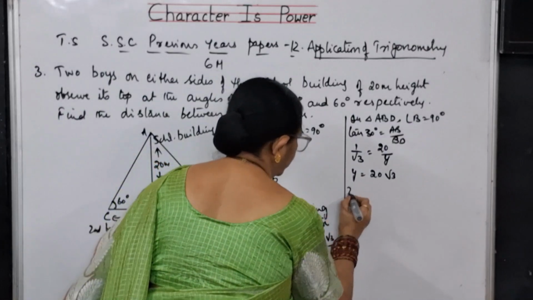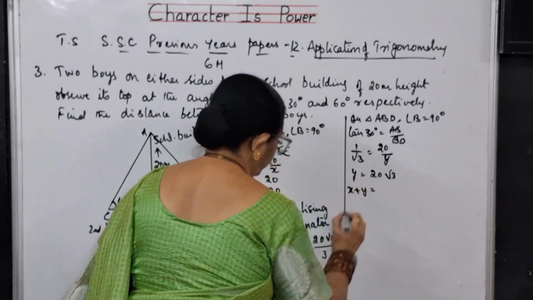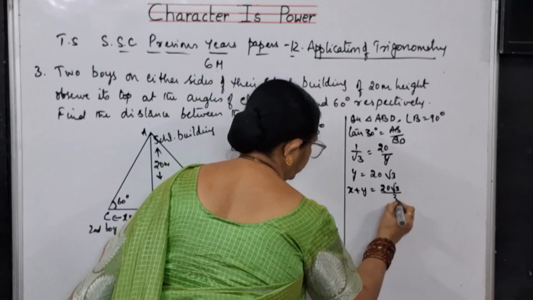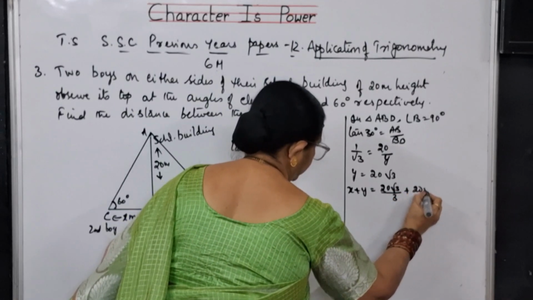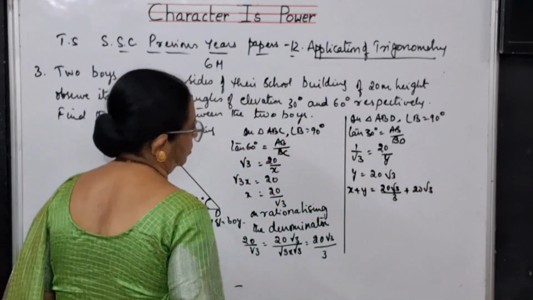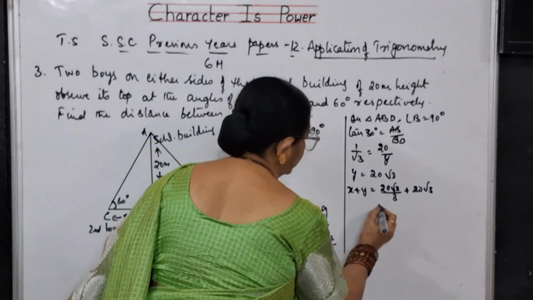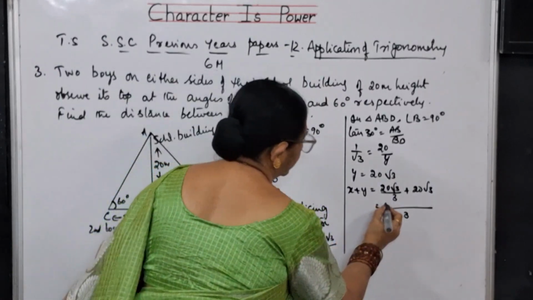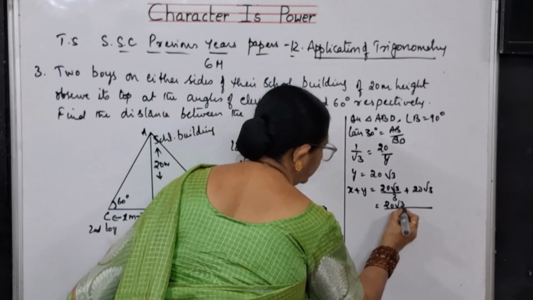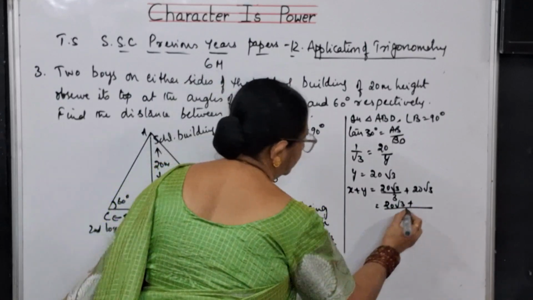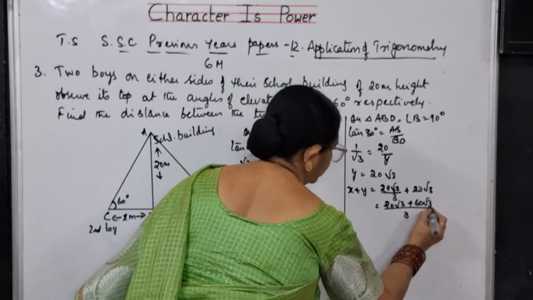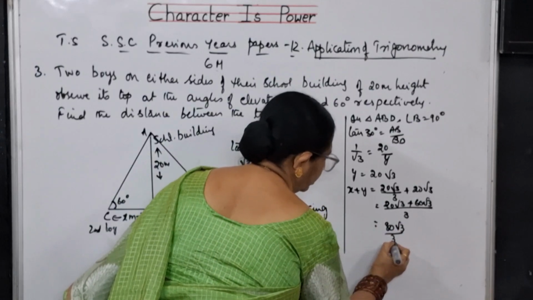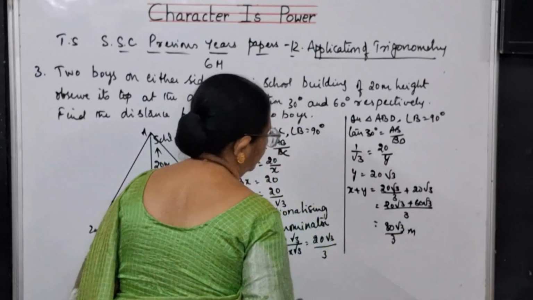So x plus y is equal to 20 root 3 by 3 plus 20 root 3. So how much are you getting here, children? 3 is the LCM. 20 root 3 plus 60 root 3 means 80 root 3 by 3 meters is the distance.